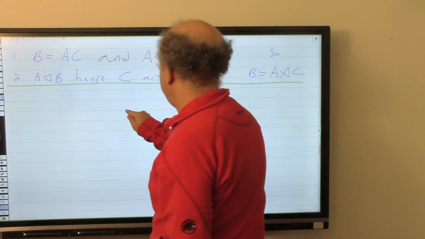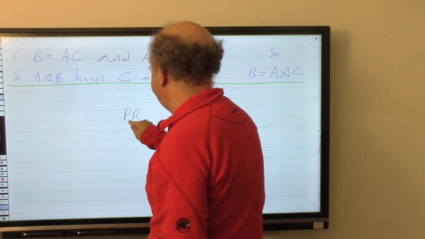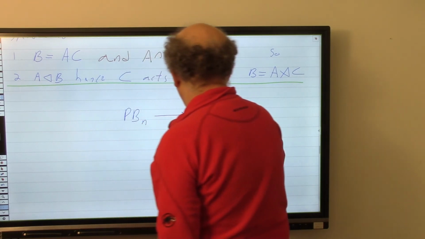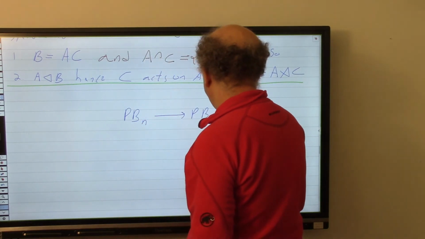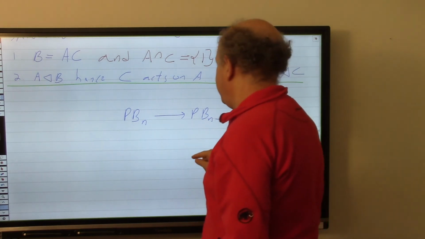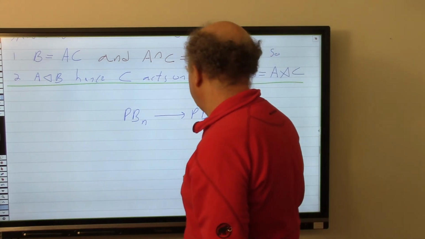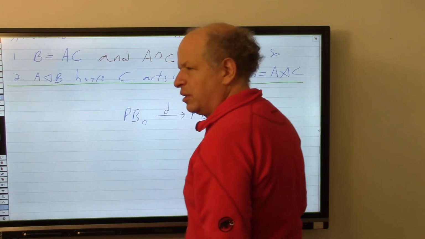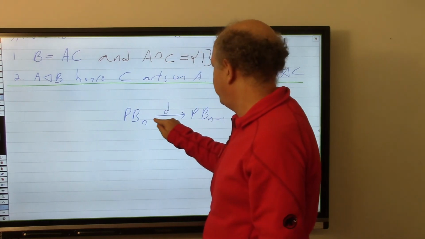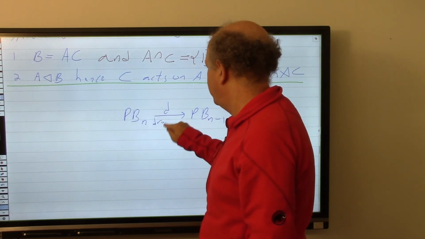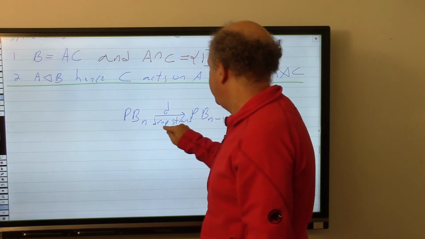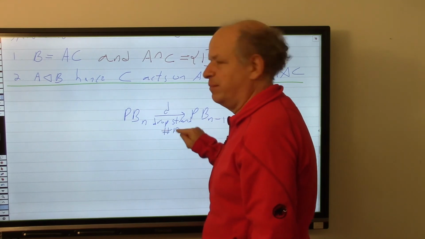So there is an obvious map from PB_n to PB_{n-1}, and I forgot to give the map a name. Let's call it D, and D stands for drop strand number n.